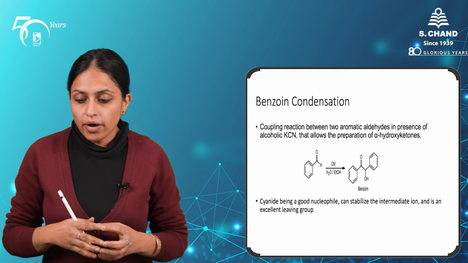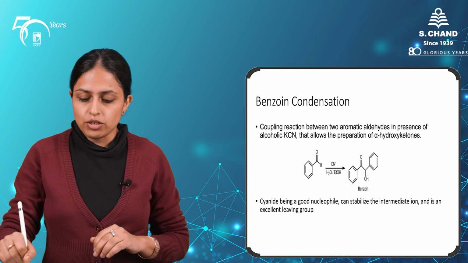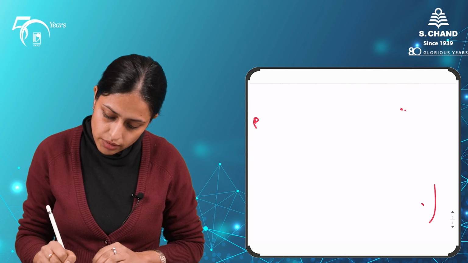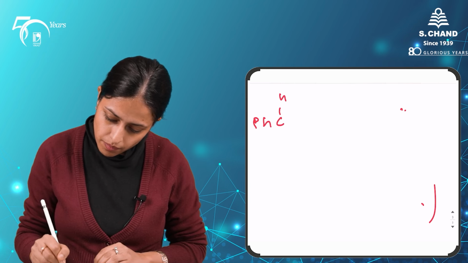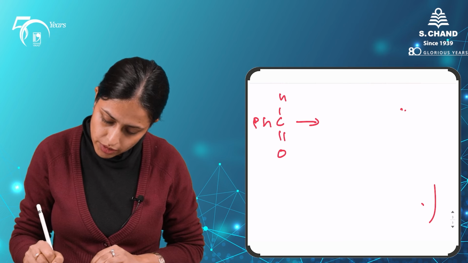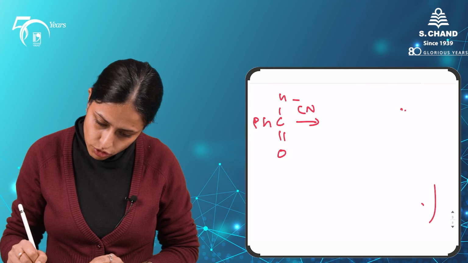Now this benzoin has a typical mechanism for its formation. So the first step of this reaction is the first mole of the benzaldehyde in the presence of cyanide as a nucleophile.